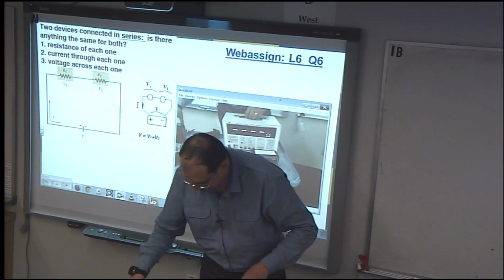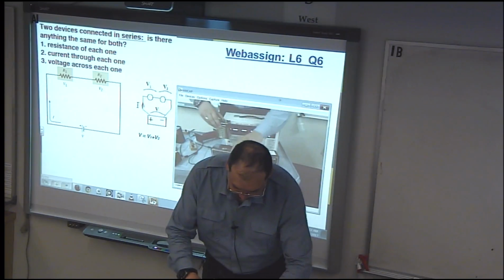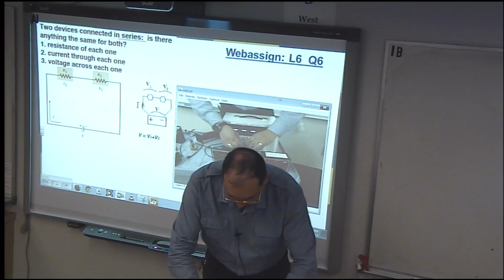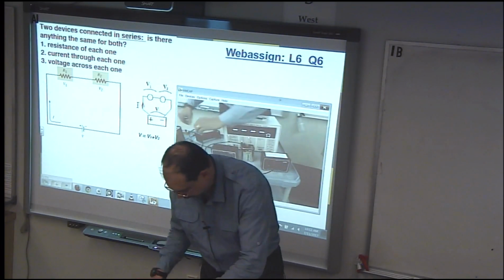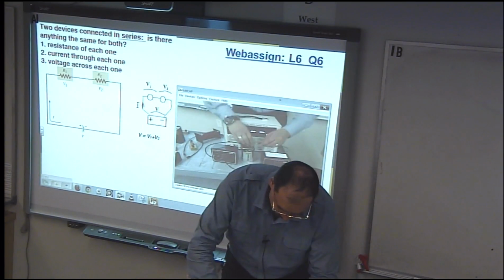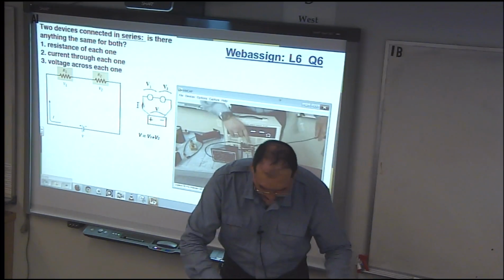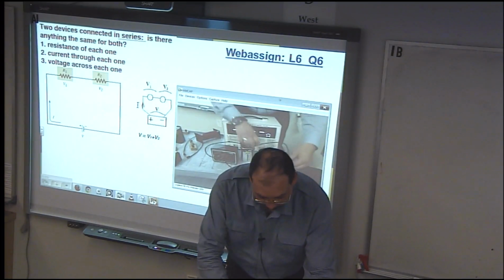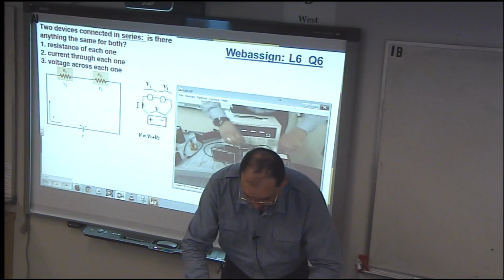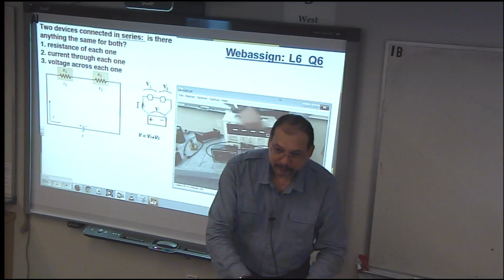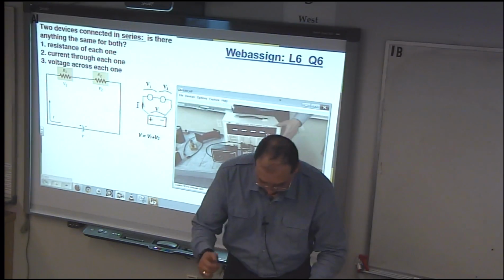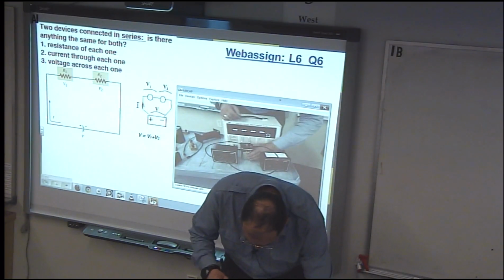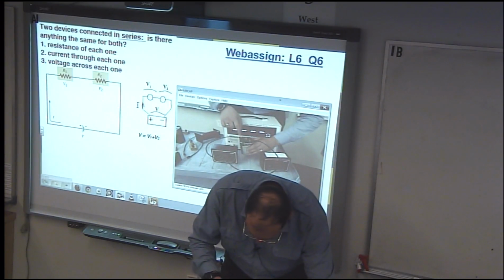And if I want any current to travel through this, I have to connect it to the battery, and I have to complete the circuit. Now, there is a current, electric current, traveling in this circuit. In which direction? Well, I gotta check the electrodes.